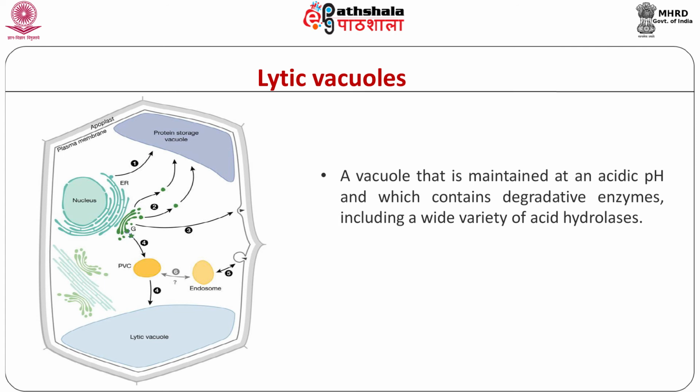Route 6 shows the transfer between putative endosomes, PVCs and a lytic vacuole; the exact role of vesicles in this transfer is unclear. This is the role of lytic vacuoles.